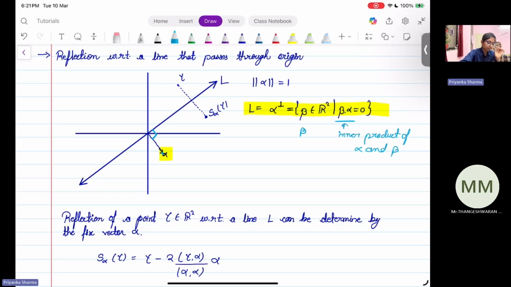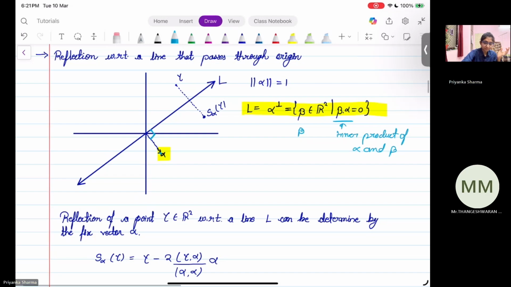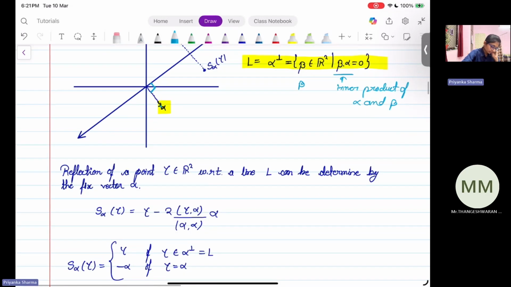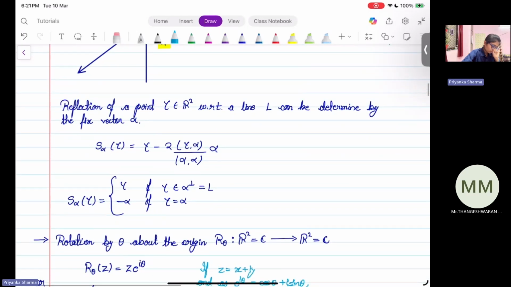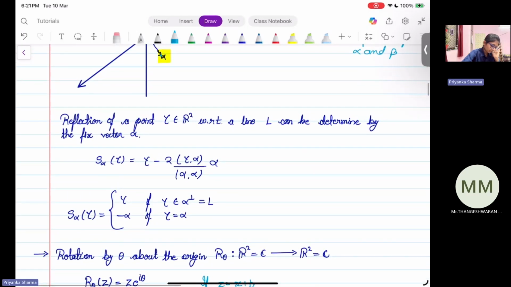Okay, so this is how we can uniquely determine this alpha. And now L is actually written by this alpha perp. Now, this is a way to represent the reflection of a point.